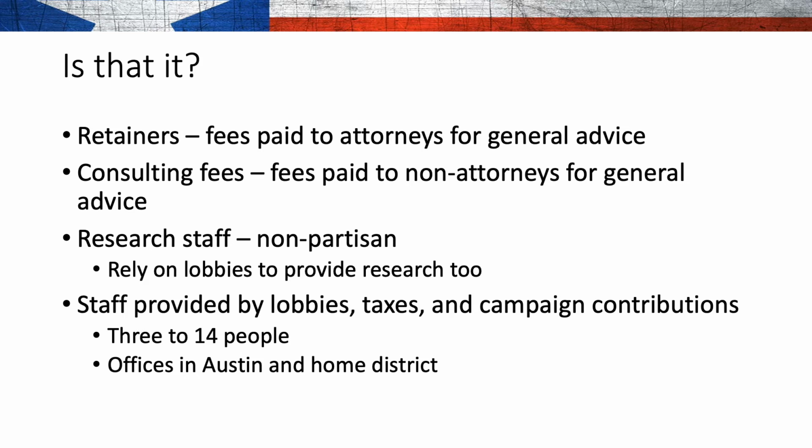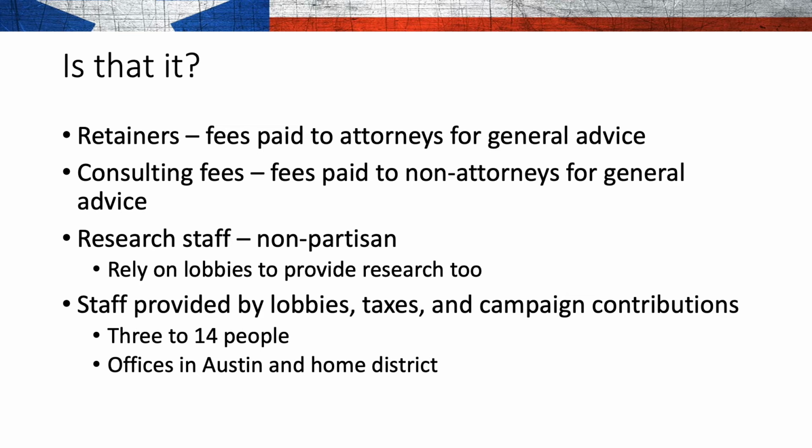Lobbies provide research too. So again, this is a way that lobbyists can have access to elected officials. They can say, hey, I see you're voting on this appropriations bill that deals with how much money is going to be spent on athletics in the state.